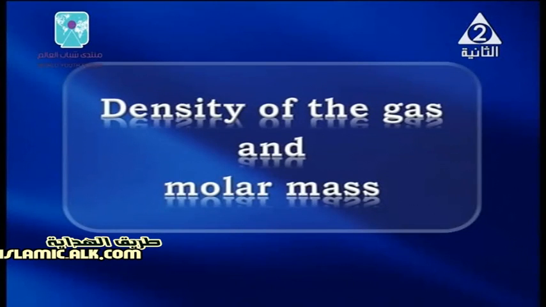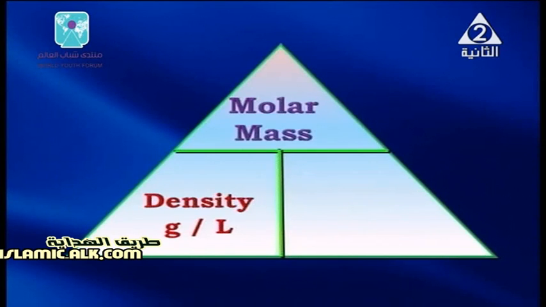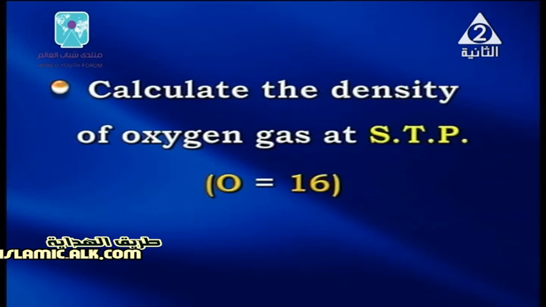The relation between the density of the gas and molar mass. As shown on the screen, the density equals molar mass over 22.4 liter. For example, calculate the density of oxygen gas at standard temperature and pressure, where the atomic mass of oxygen equals 16.